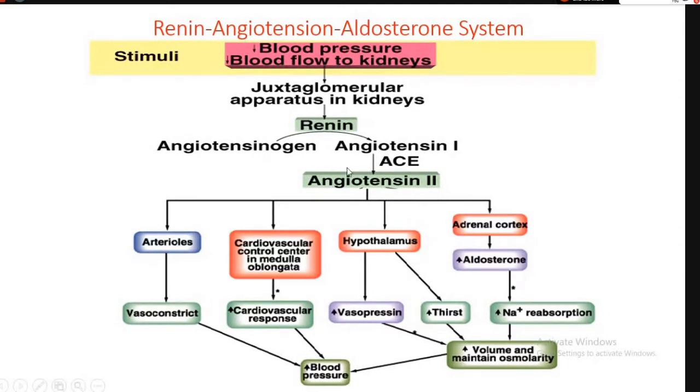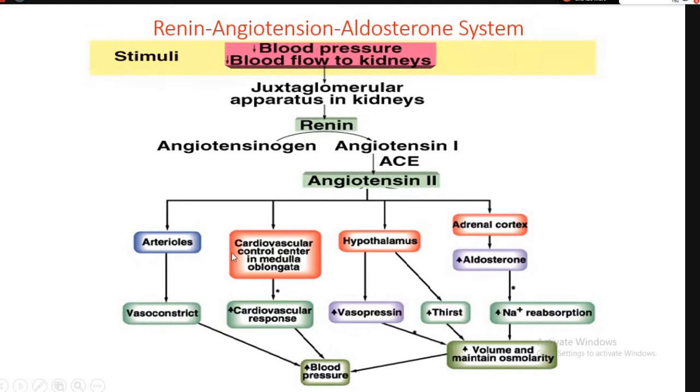Then this compound angiotensin II causes arteriole vasoconstriction, acts on the cardiovascular control center in the medulla oblongata, stimulates the hypothalamus, and stimulates the adrenal cortex to secrete aldosterone.